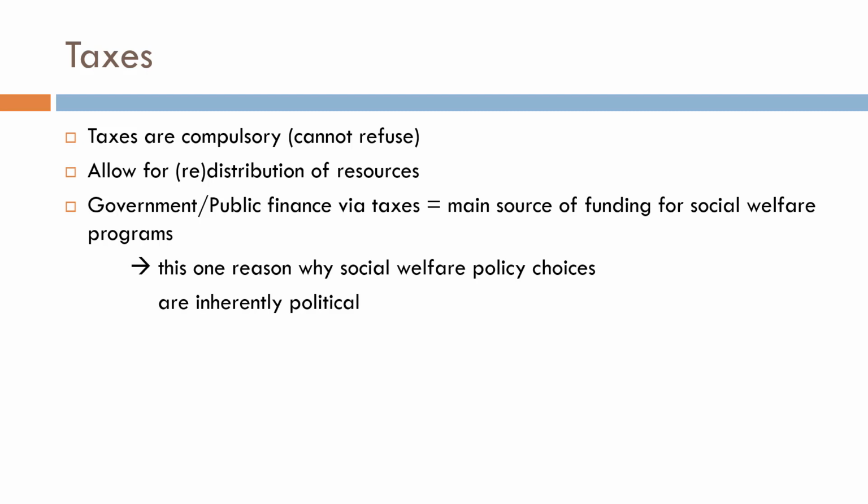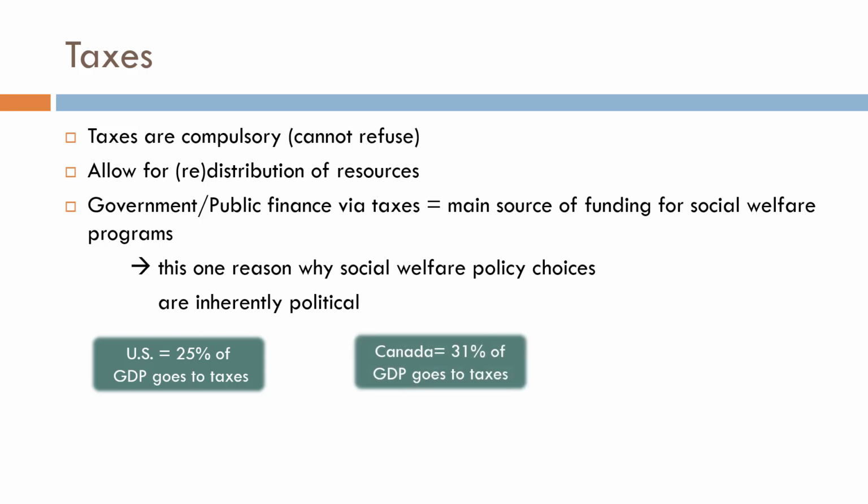What's also interesting is this idea of how taxes are the main source of funding for our social welfare programs, because if we look at different countries, we can see the value that they place on using taxes for these purposes. So for example, in the US, about 25% of our gross domestic product goes to taxes, compared to Canada, where it's 31%, and the UK, where it's 36%. So, somewhat higher than the US.